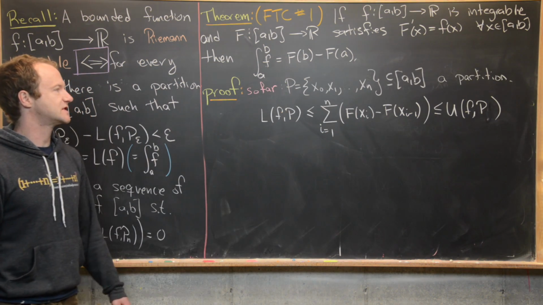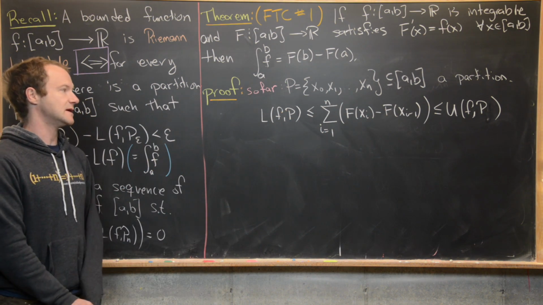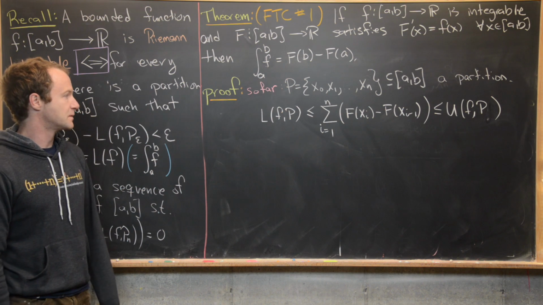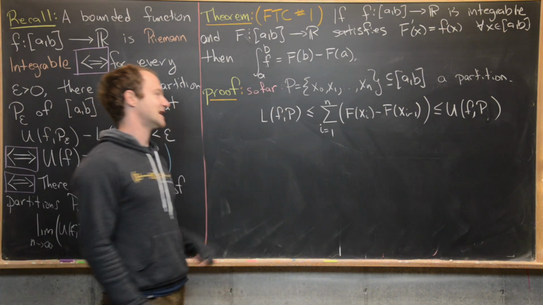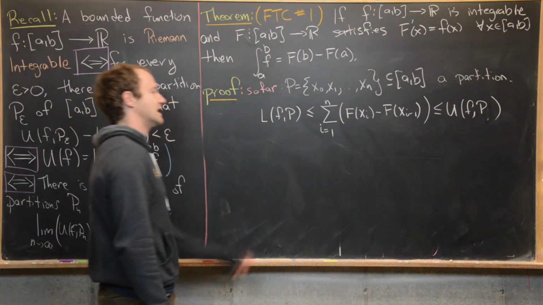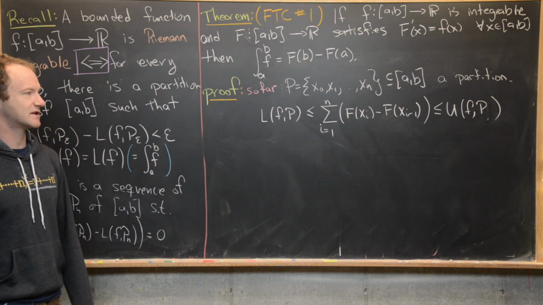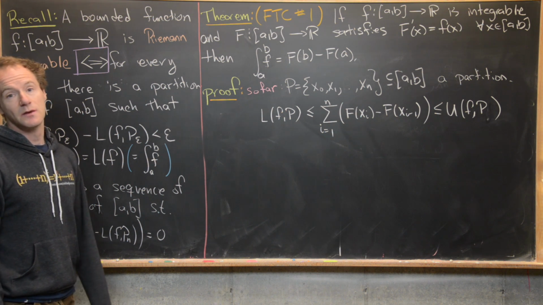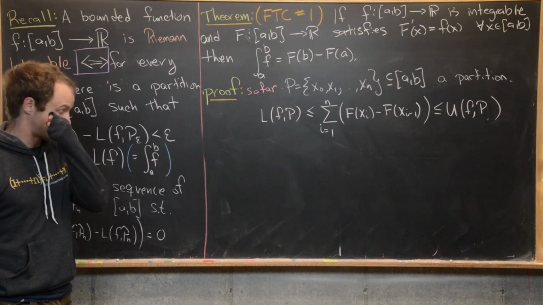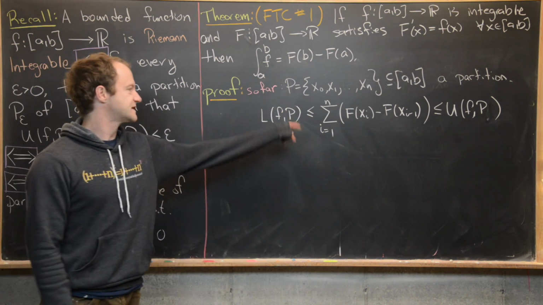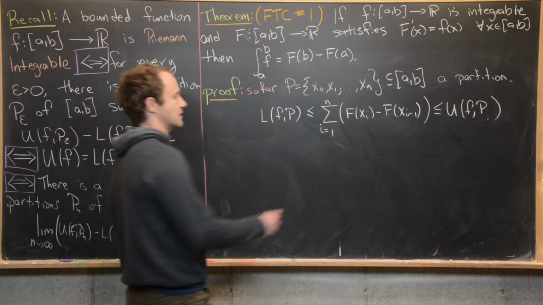So far we've taken the partition P, which are the points x_0 to x_n of our interval [a, b], and via the mean value theorem, we argued that the lower sum of f on this partition was less than or equal to the sum as i goes from 1 to n of capital F of x_i minus capital F of x_{i-1}, which was less than or equal to the upper sum of f on the partition P. This middle sum telescopes, which is maybe not so hard to see, but let's look at all the details for completeness.